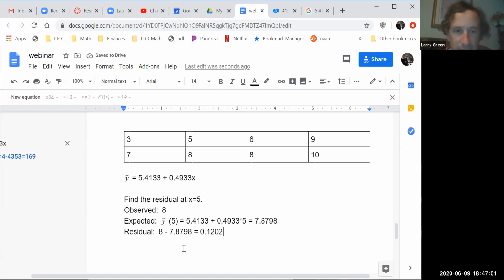I think that works. And there's our residual. You could use a calculator if you want to. Have I lost anyone on the residual calculation?